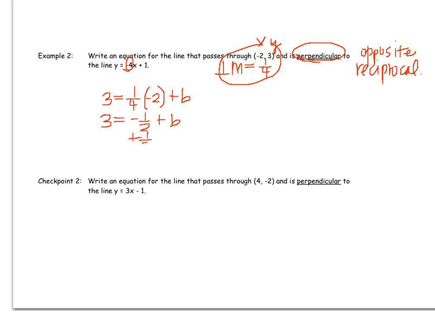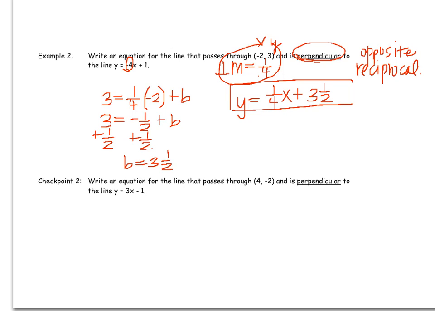And if I add 1/2, I'm going to show you 2 different ways to write this, but I end up getting that b is 3.5. So my equation is y equals, I need my slope again, 1/4 x plus 3.5. Now this is perfectly fine.